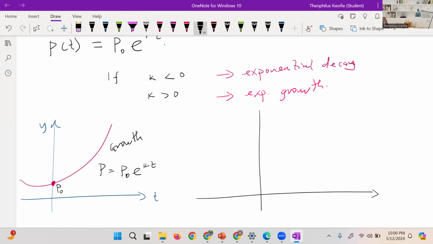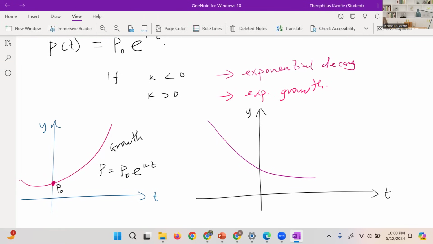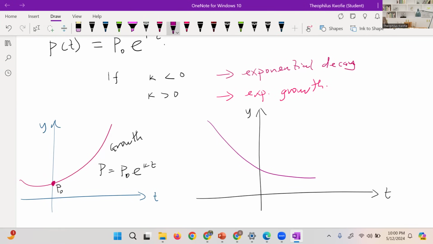Let's call our horizontal axis time, and our response variable y. And so the nature of the exponential decay, since it is decaying, will just approach 0. So if I have to say there's a decay, it must approach 0. Okay, so we have something as this.